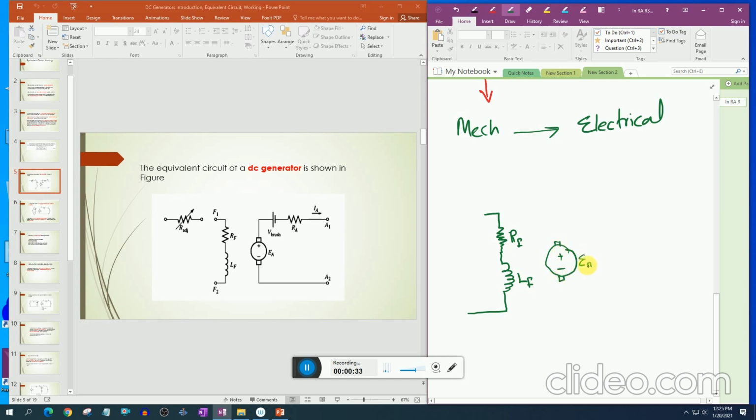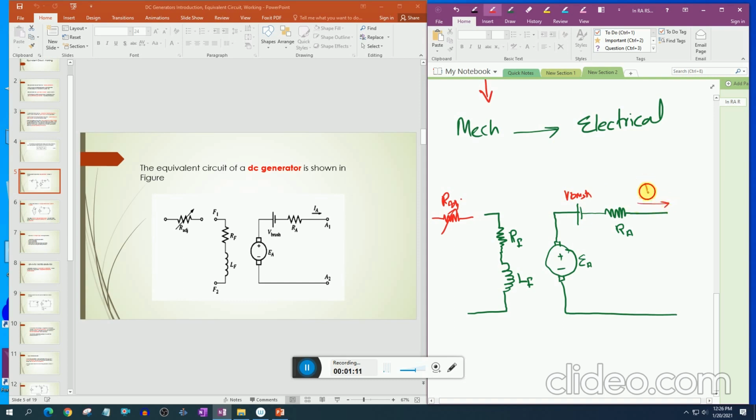This is the armature voltage EA, V brush, and armature resistance RA. This is an adjustable resistance used to control the field current.